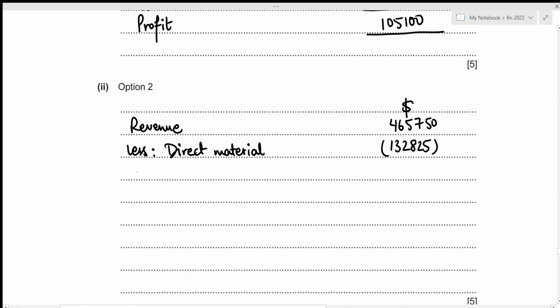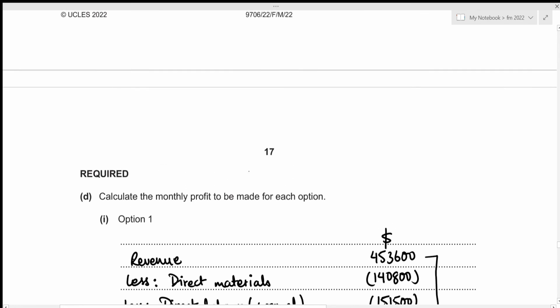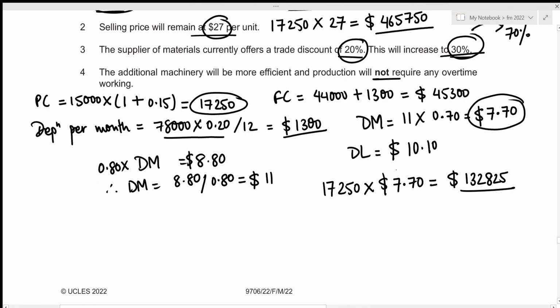Now the next variable cost would be the direct labor. Let's have a look above. So the direct labor rate is to remain the same at 10.10. Now the total direct labor would be the total number of units, which is 17,250, times the direct labor rate per unit, which is 10.10.